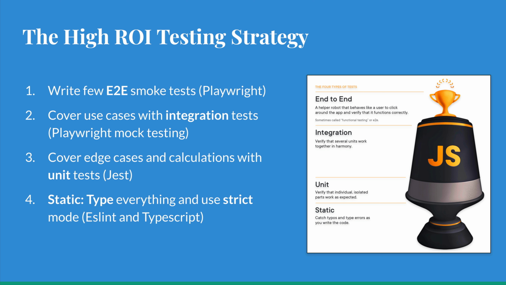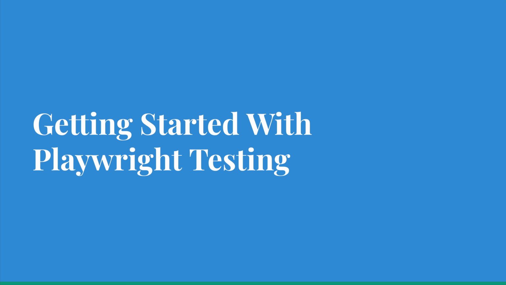Either way, we type everything out and don't use any, because it's going to pay positive returns to be covered in this way, and it's going to save you from mistakes down the line if you make everything type safe. So, getting started with Playwright testing.